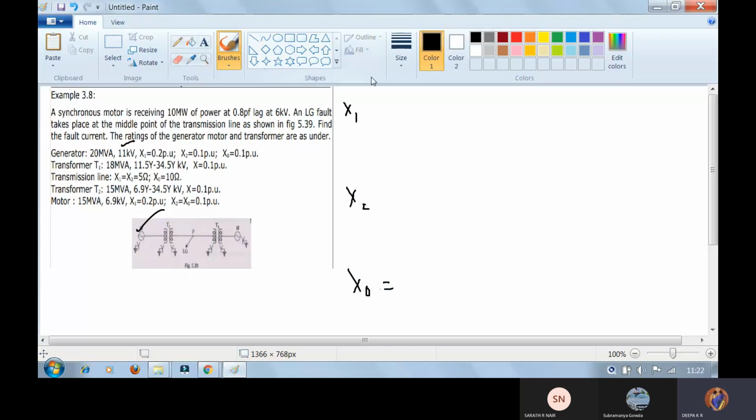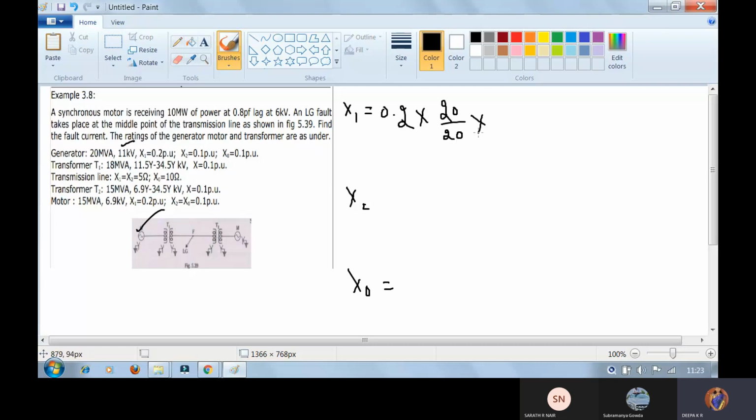So first one I'll consider X1 new. Can you see the reactance value, how much it is given? It is 0.2. So 0.2 into MVA value. So you have to take the new MVA, how much it is? 20. And luckily, we are taking a generator same value, that is the old base value also, 20 itself.